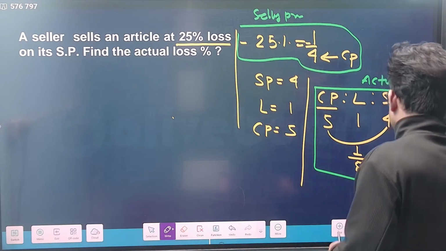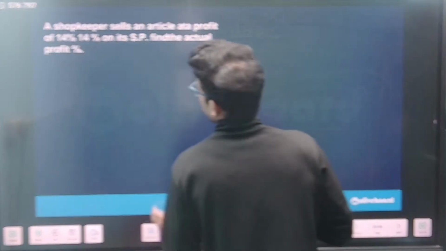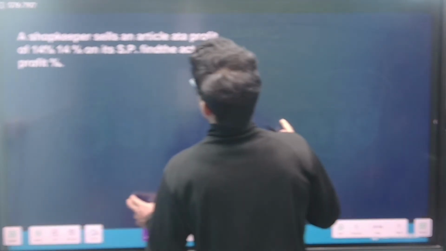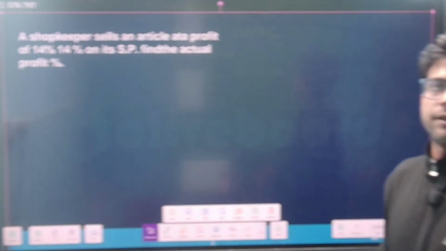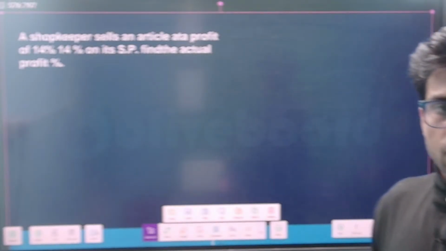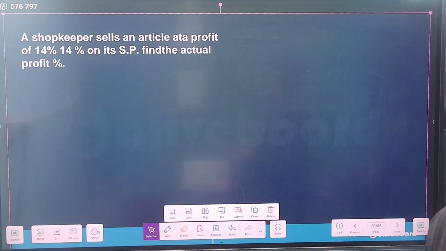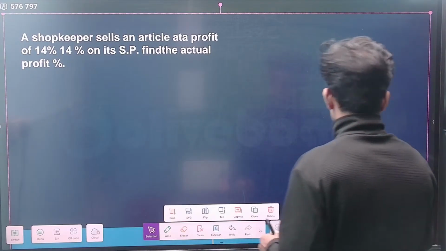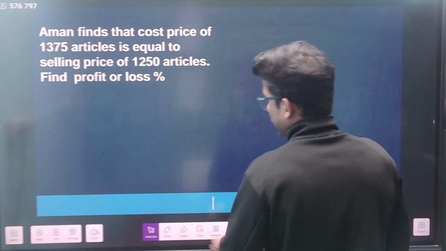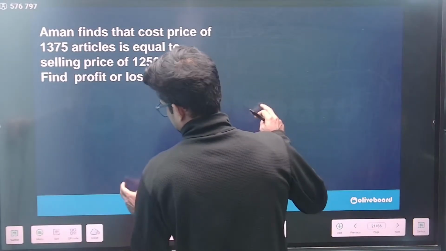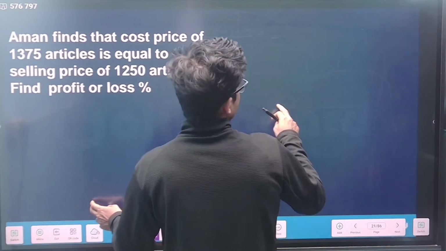Let's go for the next problem. You can try this. 14%. Yeah, see, you can try this. Okay, I think something is mentioned over here. Yeah, you can try this question. I think it's a little bit of a different one.